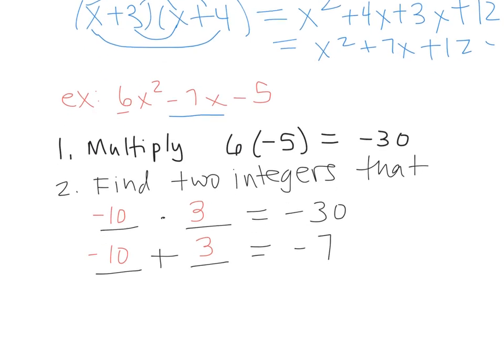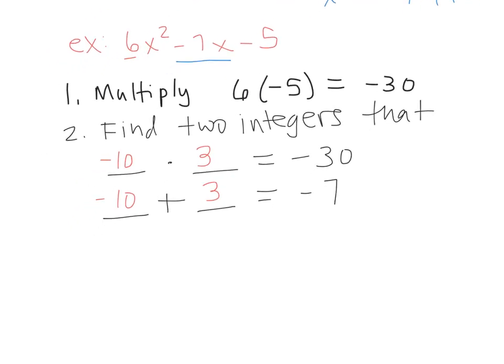Okay, now we're going to replace that x term with two x terms that combine to make negative 7x using that negative 10 and the positive 3. So we can rewrite negative 7x as negative 10x plus 3x.